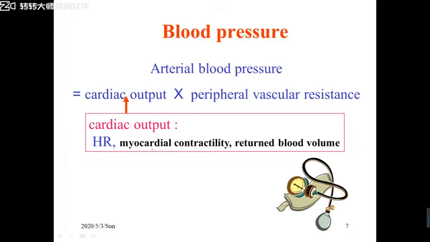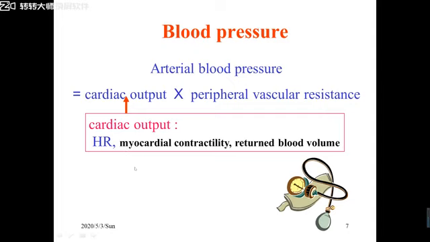So from these factors, that also means if we can use some drugs to reduce heart rate, or reduce contractility, or reduce retained blood volume, that means this drug can reduce cardiac output. This drug can reduce blood pressure. That means we can use this drug to treat hypertension.